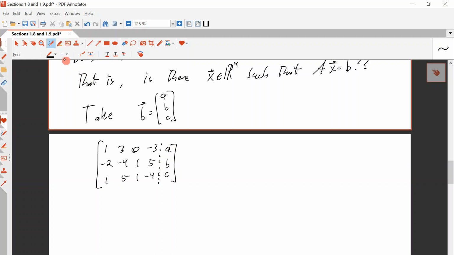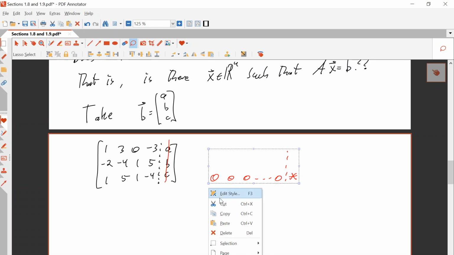You can put these things here and then put it down to row echelon form and see if you ever get a row that looks like this. If you get a row that's all zeros, plus some expression over here, which may or may not be 0, then you don't always have a solution. For some a, b, c, you do have a solution, but not always. We did this problem before in a previous section. Now, you don't actually have to keep track of these, but let's do it now just for kicks, and I'll cross them all out at the end.